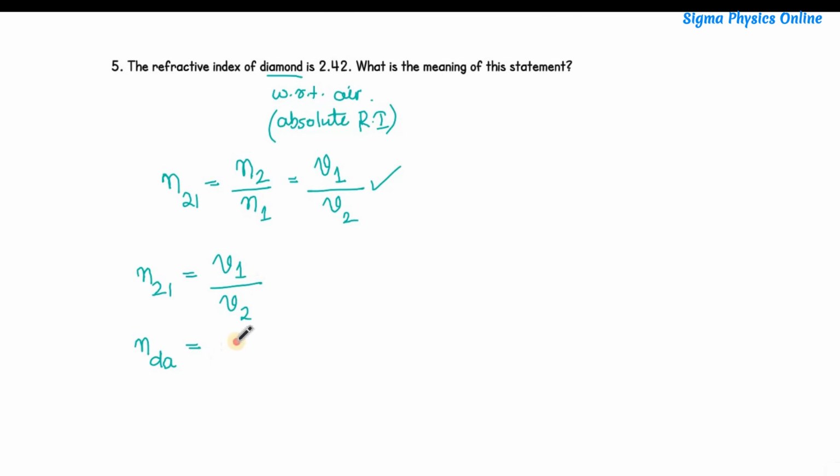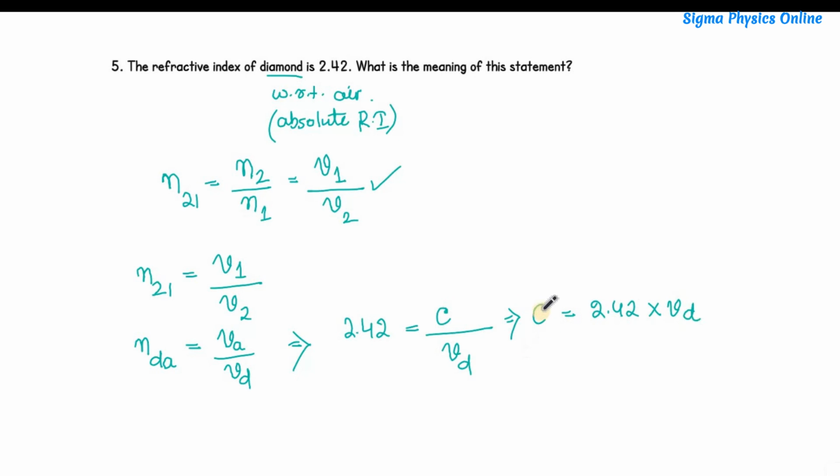Now the velocity of light in air by velocity of light in diamond, which implies the refractive index of diamond is 2.42, which is equal to the velocity of light in air by the velocity of light in diamond, which implies that C is equal to 2.42 into Vd. That is, the speed of light in air is 2.42 times more than the velocity of light in diamond.